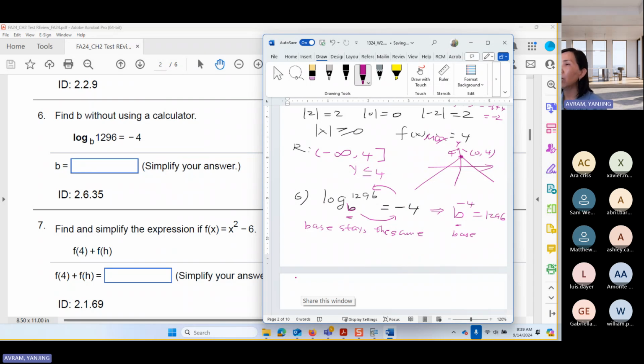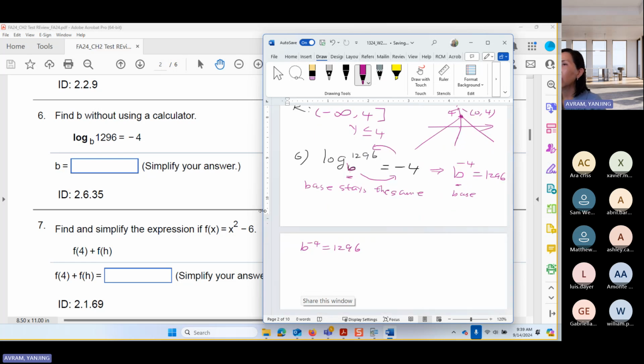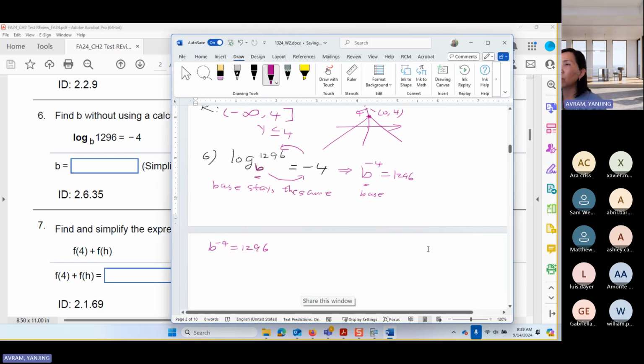So now this one has become an exponential function. That means I am going to write b to the -4 as 1 over b to the +4 power, if I want to put it in a positive 4 power.